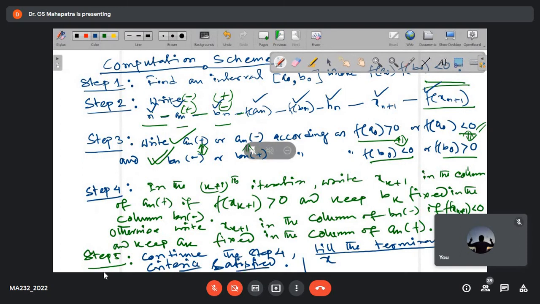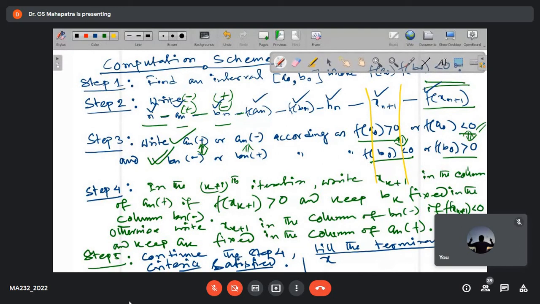For that we have to check a n or b n or f of a n or f of b n or h n or h n plus 1, or the last one, x n plus 1. Yes, sir. We have to check this column, whether the stopping criteria is satisfied or not.